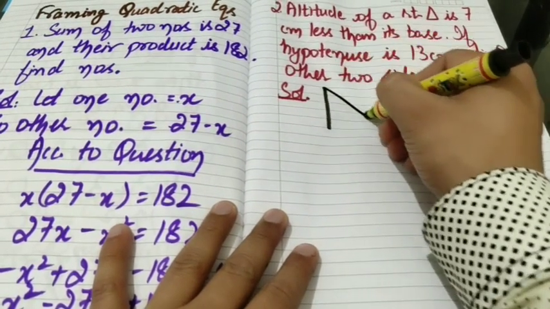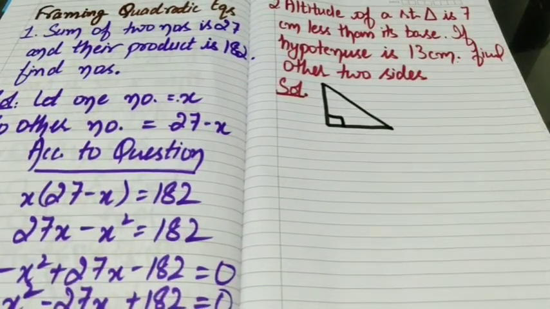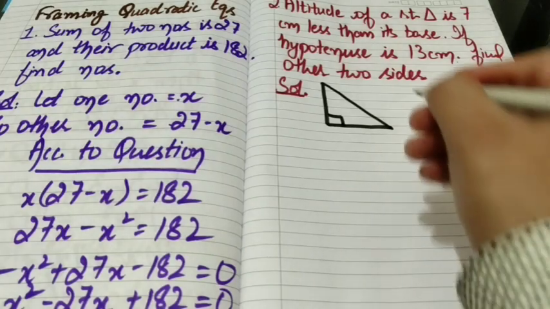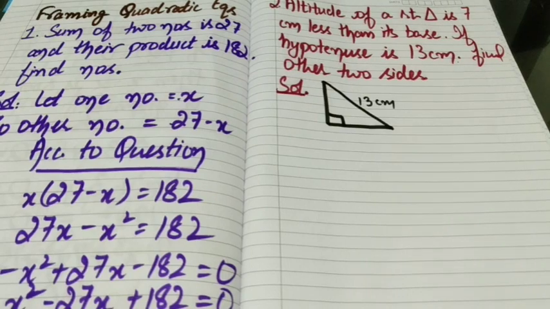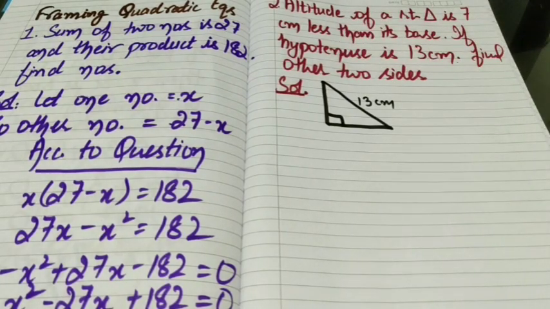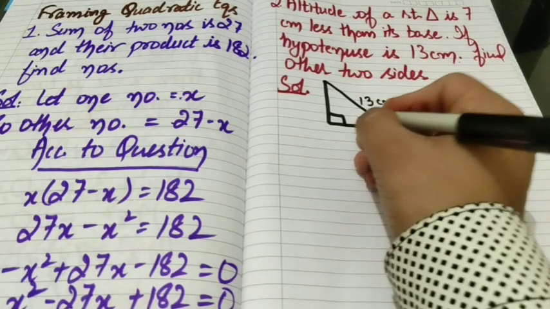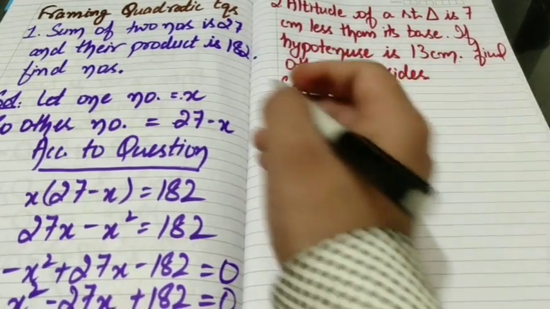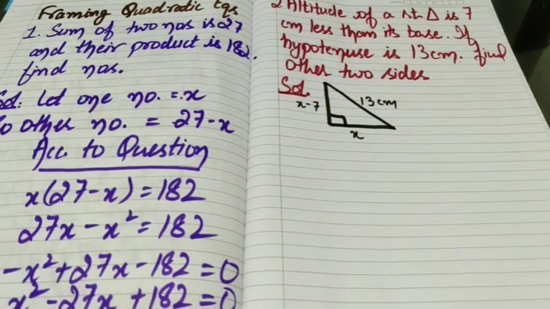So it is mentioned that in the right angle triangle, the length of the hypotenuse is 13 cm, and they have mentioned that the altitude is 7 cm less than the base. Actually, they have defined the altitude with reference to the base. If the base is x, then the altitude will become x minus 7, that is 7 cm less than the base.